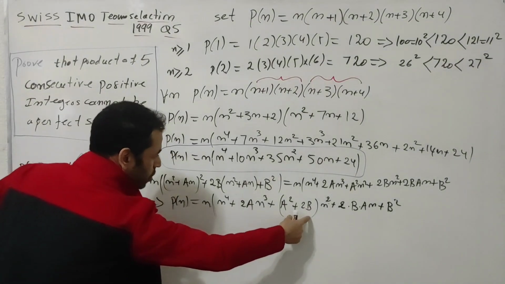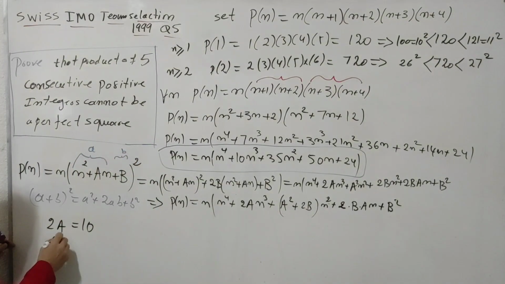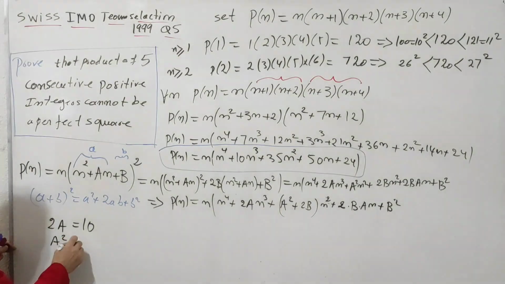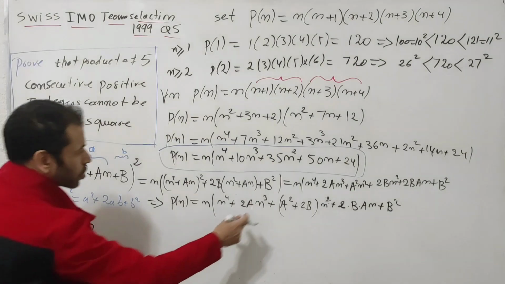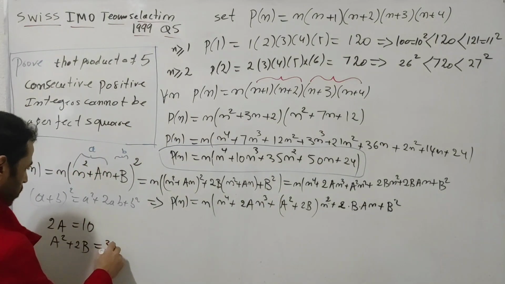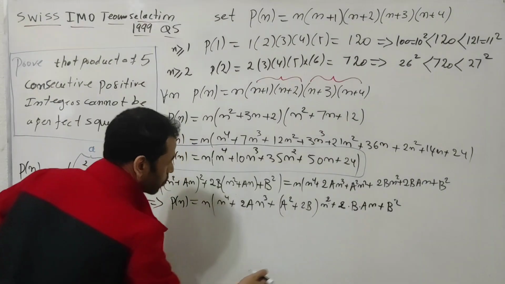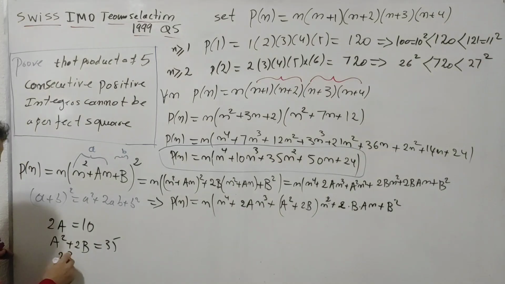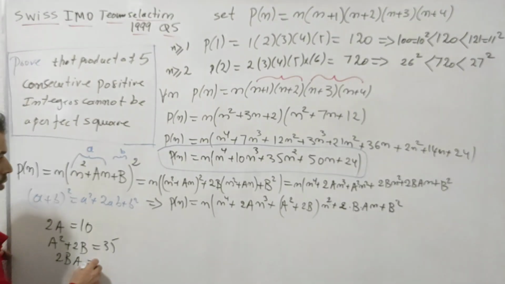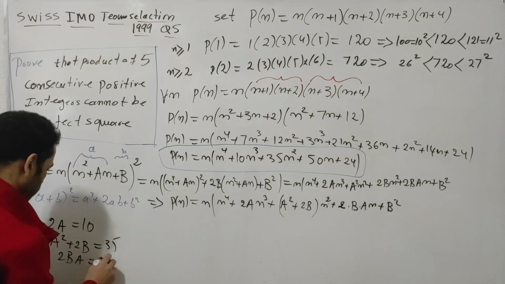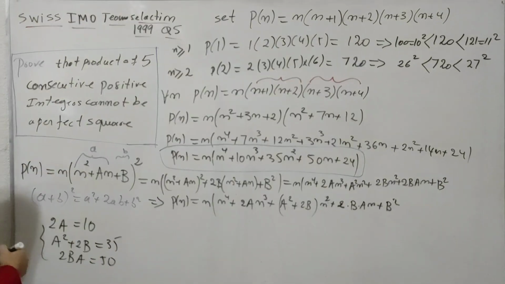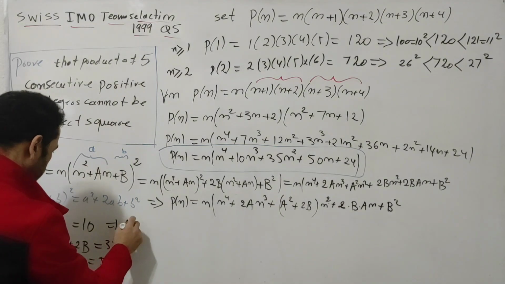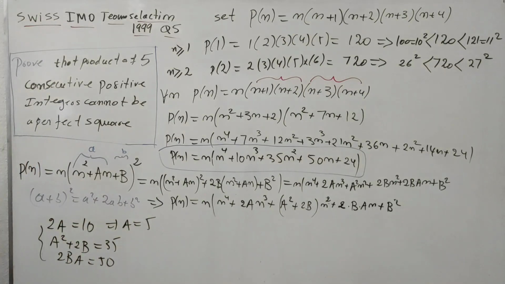For the second term, I will have capital A square plus 2 capital B equals 35, and 2BA equals 50, okay? So this one is giving us capital A equals 5, 10 divided by 2.